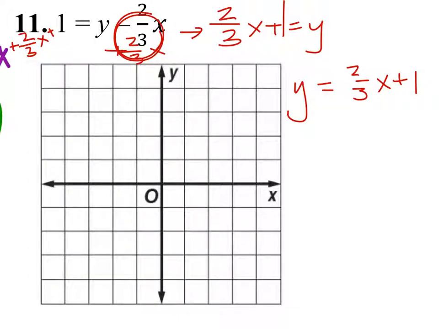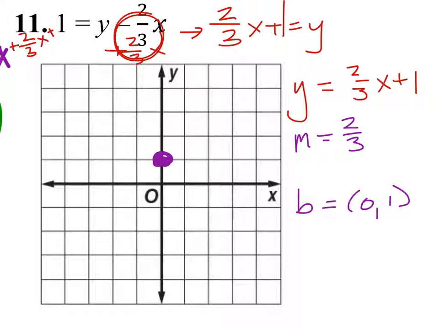Which is great now because we found our slope, which is up 2 to the right 3. And the y-intercept is 0, 1. Bam. So let's start the graph up in here. I got a point at 0, 1. And then my slope tells me to go up 2 and then to the right 3.